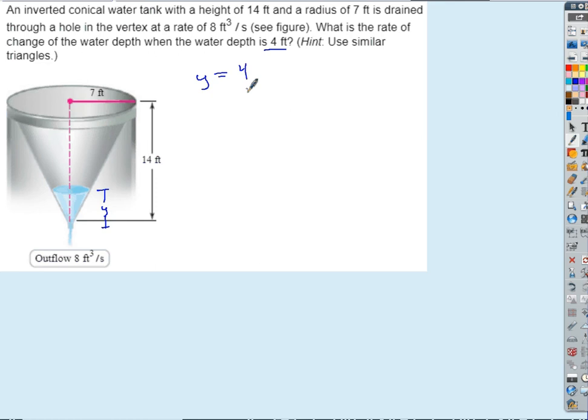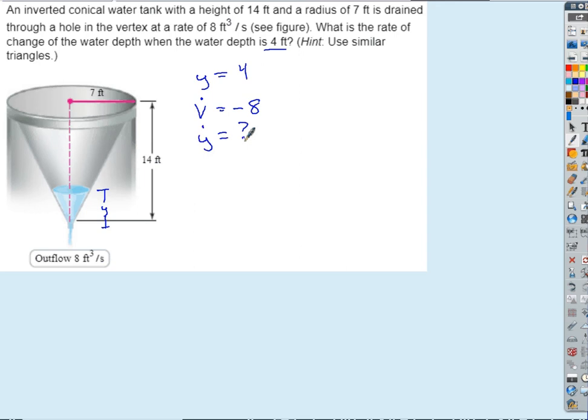V dot equals 8? Almost. Is the volume getting bigger or smaller? It should be negative 8, yes. Okay. And then we want to know Y dot, correct?